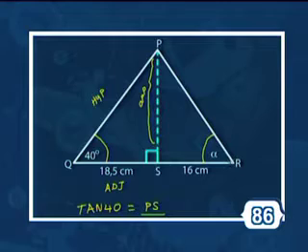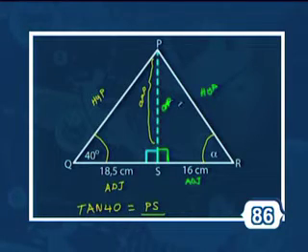From angle R, I am given the adjacent side, SR. Since PS is perpendicular to QR, that means both of these angles would be 90 degrees. The side opposite angle S, which is PR, would be the hypotenuse. And the side opposite alpha is the opposite side.